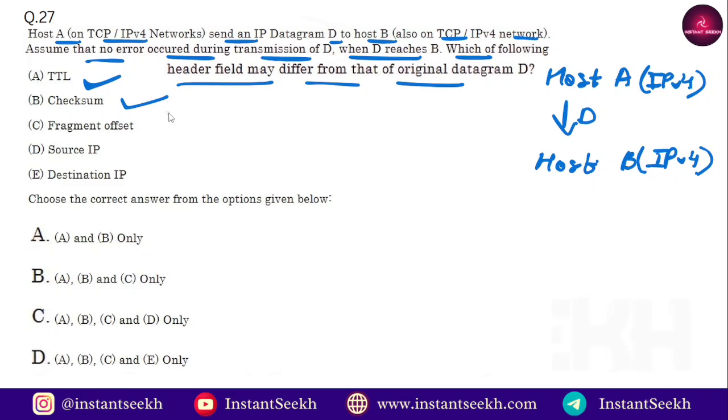If the datagram was fragmented during transmission, the fragment offset field may change. Next, source IP, will it change? Basic, fundamental, will it change? No. Destination IP, will it change? No. So only A, B, C will change. That is, option B is your right answer for this question. Let's move on to the next.